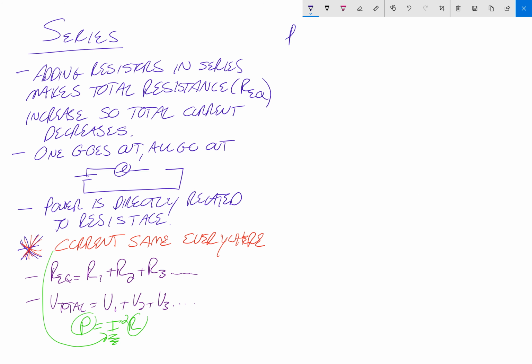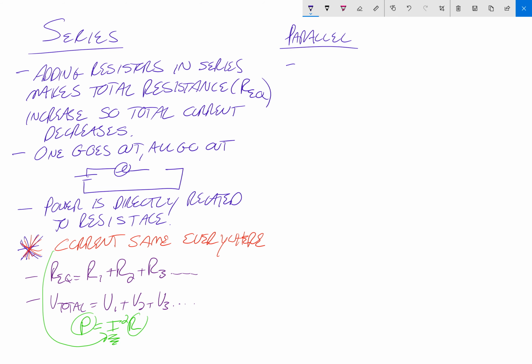Then there is parallel. So in parallel, when you added another light bulb, it was just as bright as the first one. That means each of them is getting the same amount of current, which means the voltage source has to supply even more current. Therefore, if you're supplying more current, the resistance must be going down.